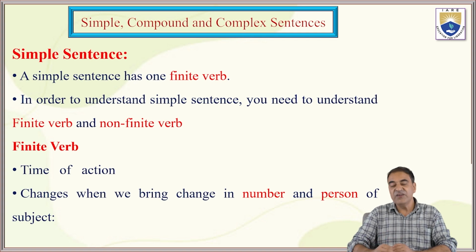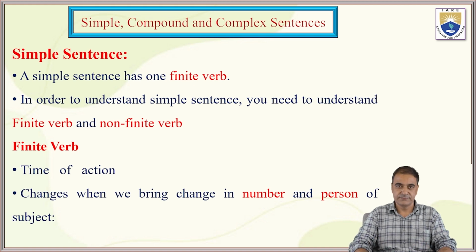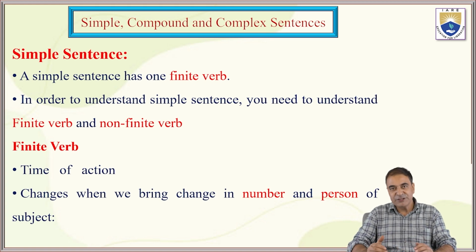With this change, if the verb changes, we call it a finite verb. To make it more explicit, a finite verb changes when we bring change in the number or the person of the subject.